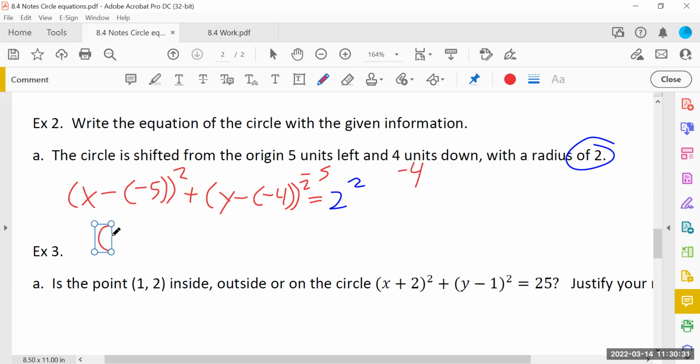X minus -5 is just going to be x plus 5 squared. Y minus -4, that would be y plus 4 squared. And then 2 squared would be 4. So we have the opposite for each of them. It was left 5, but that ends up being x plus 5. It was down 4, but that ends up being y plus 4. Is everybody clear that both the up and down and the left and right values are the opposite of what it looks like every time? Because of the negative in our equation.